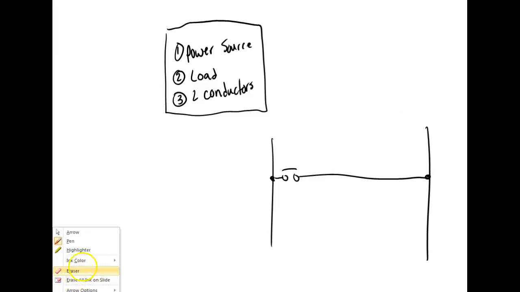Another thing that I've noticed is y'all having problems with making drawings according to industry standard. Industry standard requires you, when you draw them, to put those dots right there, right? And why?